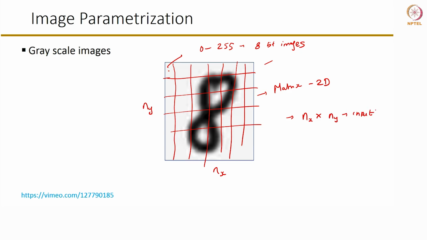If you want to think of it in terms of a regular artificial neural network, you have an input vector of size nx times ny. To give an example, the MNIST database has images of digits which are of size 28 by 28 pixels.